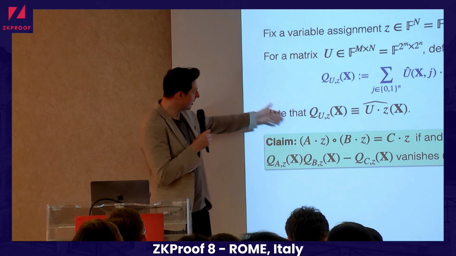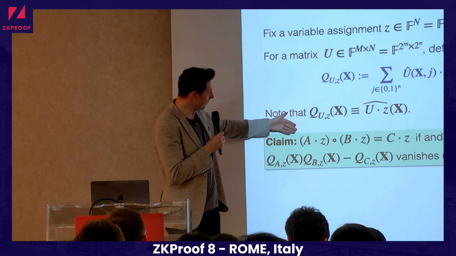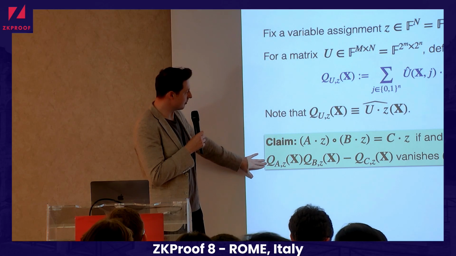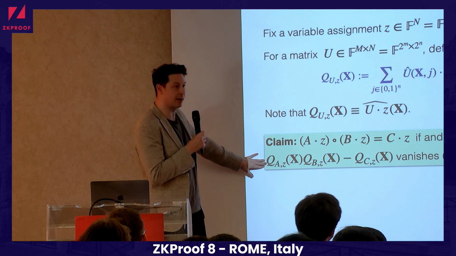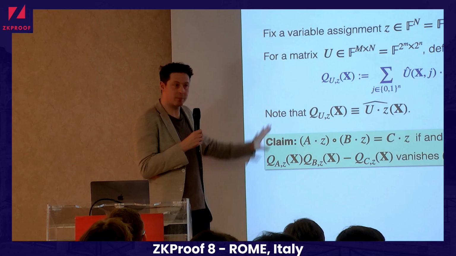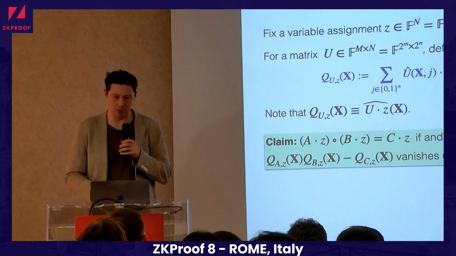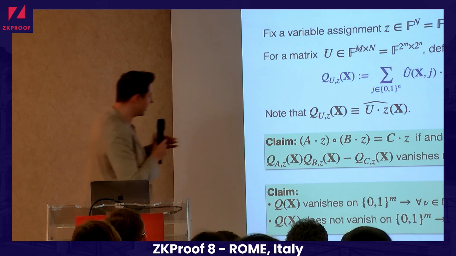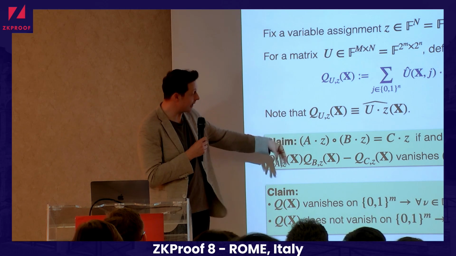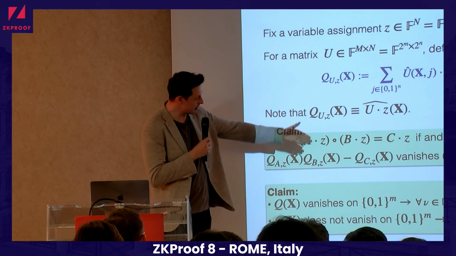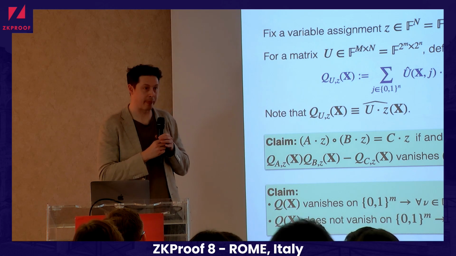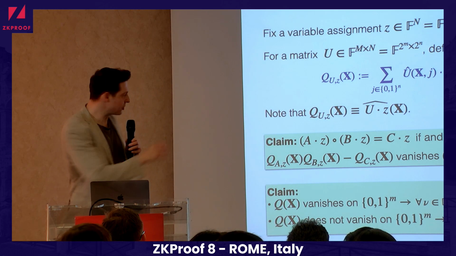You give me A, B, C, and Z. This relation holds if and only if this polynomial vanishes everywhere on {0,1}^n. These are all pretty standard things that you should have seen before. We have a vanishing condition. That means we can bundle it up using another EQ polynomial into a summation condition, which is a sum-check condition. Okay. Any questions about this one?